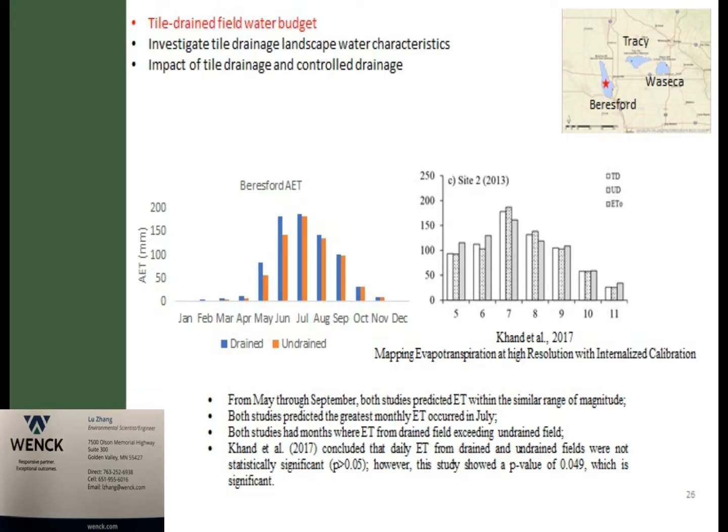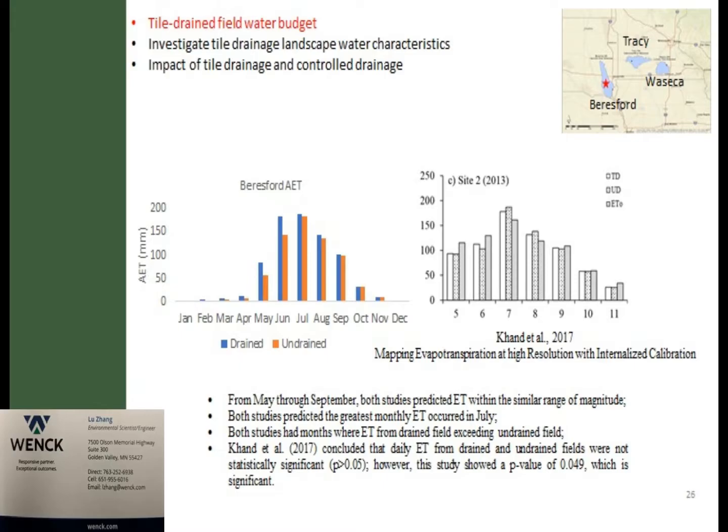Both studies predicted the greatest monthly ET occurs in July. And it's interesting that both studies had observations or modeled results that the drained field exceeds the undrained field in evaporation.